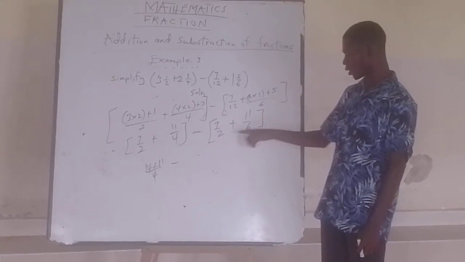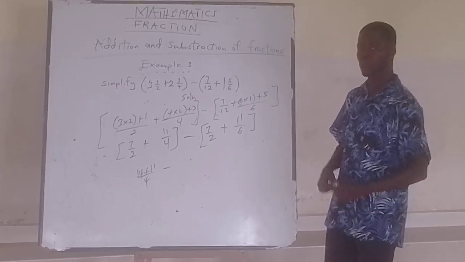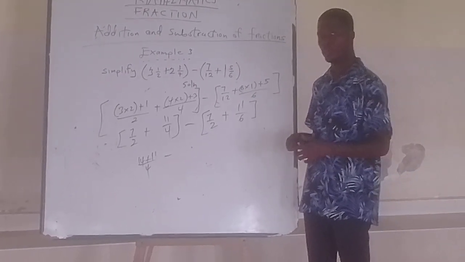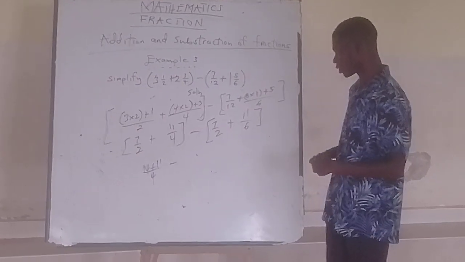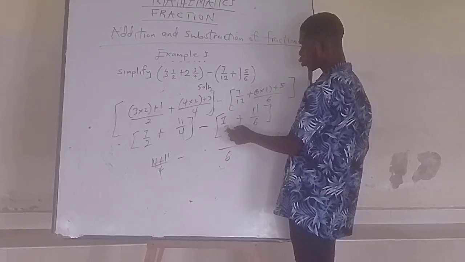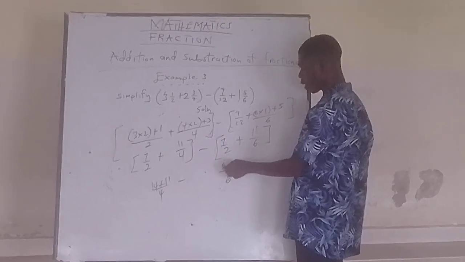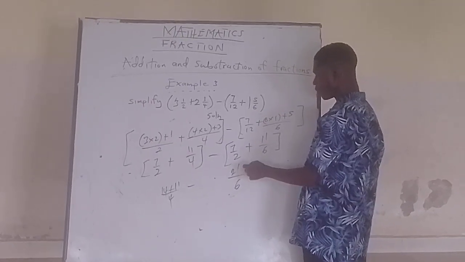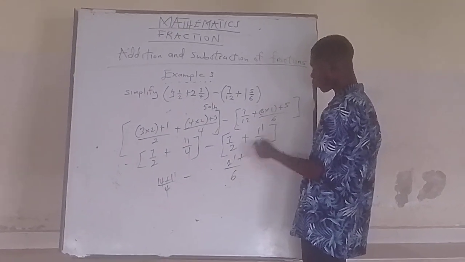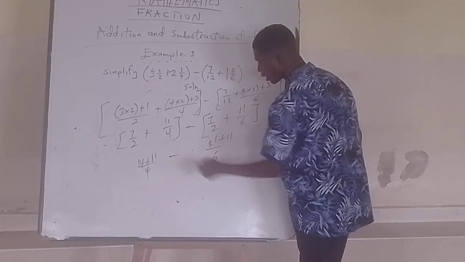So the LCM is 6, it's not 12. 12 is a common multiple, but the least one is 6. So 6: 2 going into 6 three times, 3 times 7 is 21, right? Plus 6 going into 6 one time, 1 times 11 is 11. Okay, and you know that the operation between them is also minus.